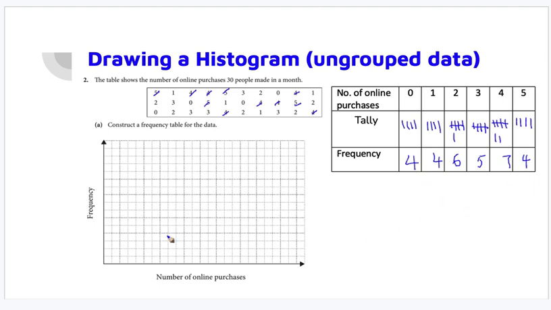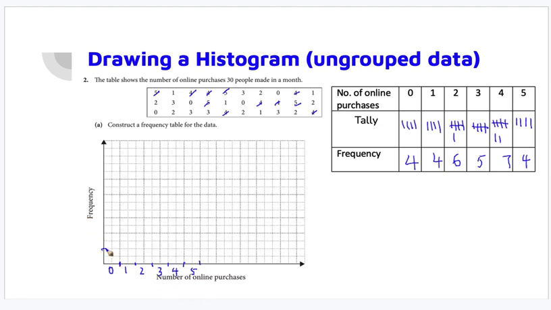Right, now we need to draw up on the table. Now for the ungrouped data, the values are in the middle of the bar. Okay, so the 0, 1, 2, 3, 4, and 5.